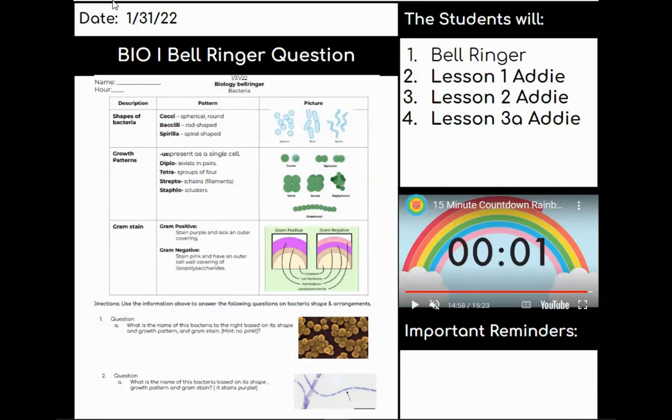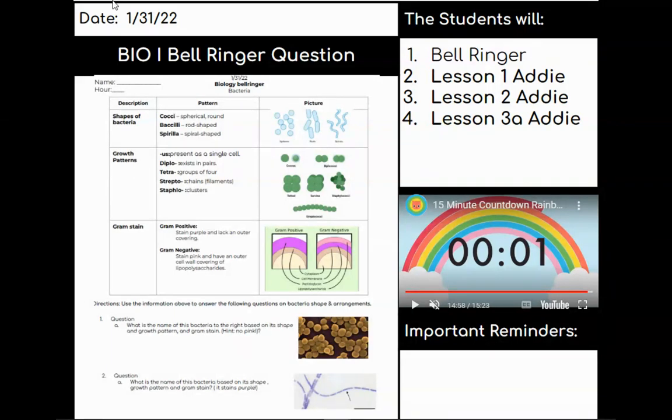And then bacteria can either be gram-positive or gram-negative. If you remember when we were talking about viruses, some have envelopes, some didn't. Well, some bacteria have evolved to have an extra layer of protection. The way scientists find out if they have that extra layer is by staining it. If the bacteria turns out purple, that means it's gram-positive.